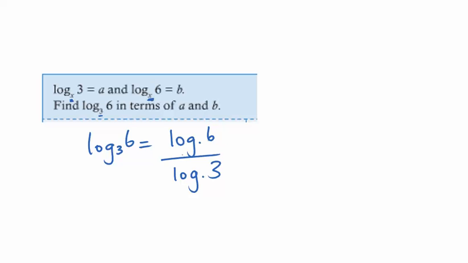So I'll take log of base x. So log of 6 base 3 is the same as log of 6 divided by the log of 3. Log of 6 is equal to B, and the log of 3 is equal to A. So we can rewrite log of 6 base 3 in this case as B divided by A.